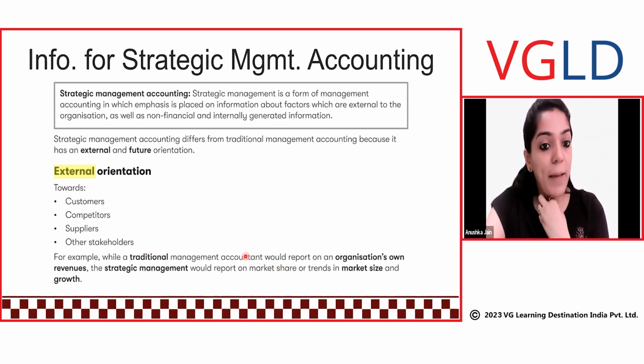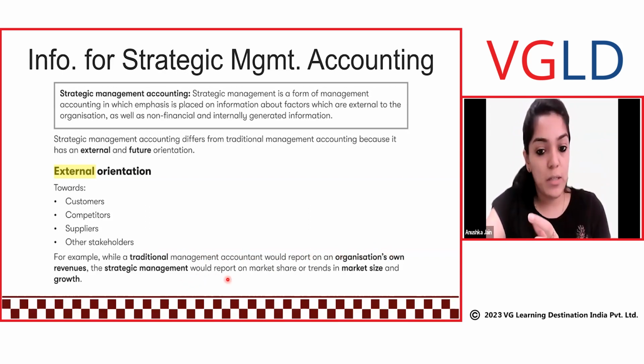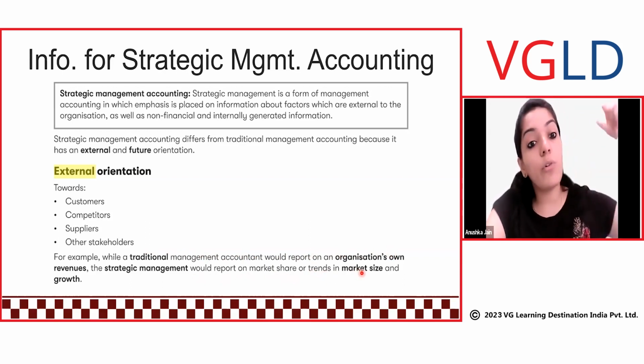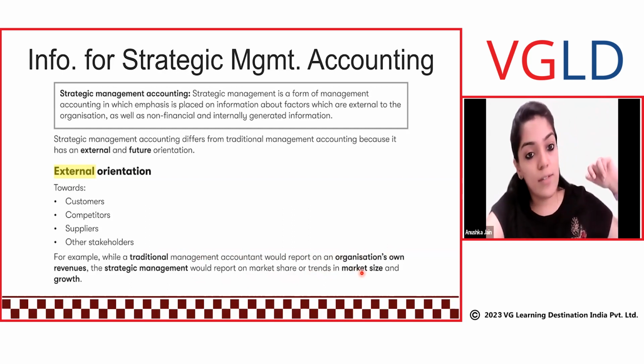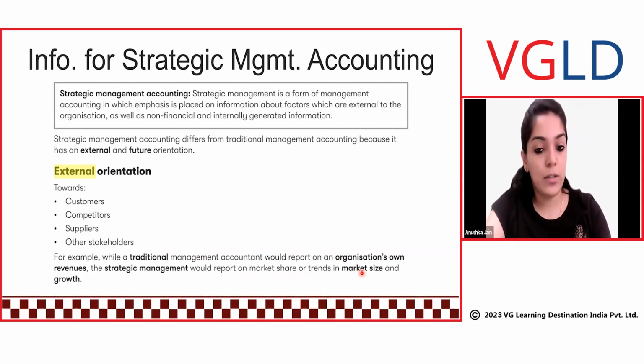So while a traditional management accountant would report on the organization's own revenues, strategic management accounting would report on market share or trends in market size. So how has the market size of Flipkart grown over time? Last year in 2022, it was this much. In 2023, it has become this much. So the strategic management accountant will report on all of these aspects.